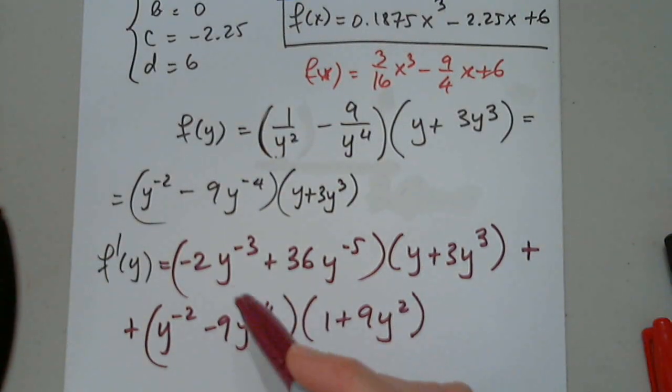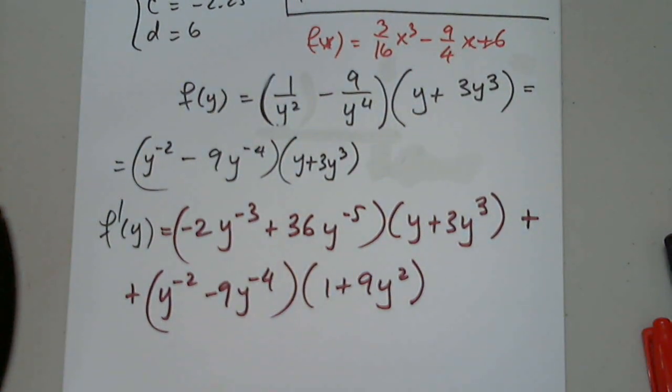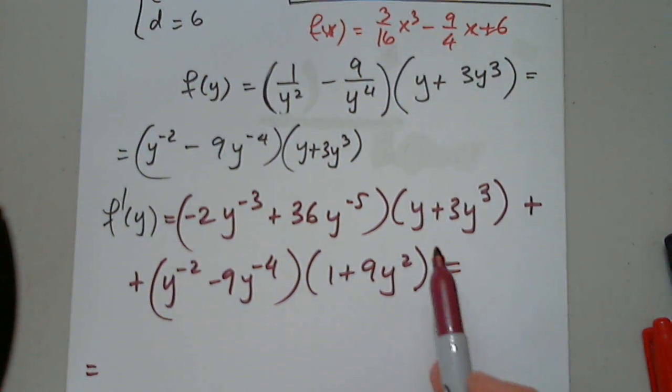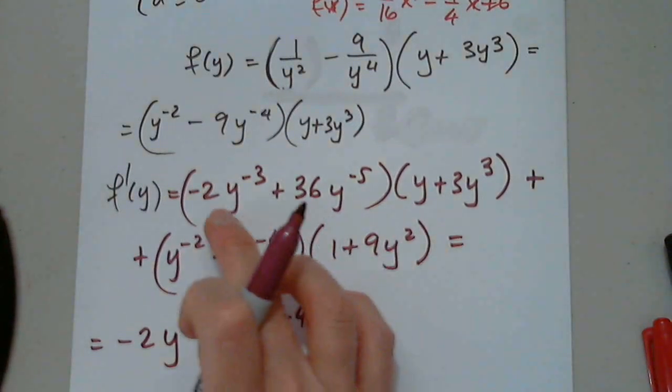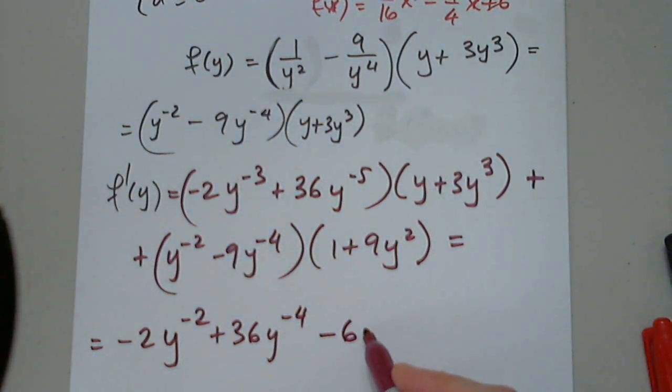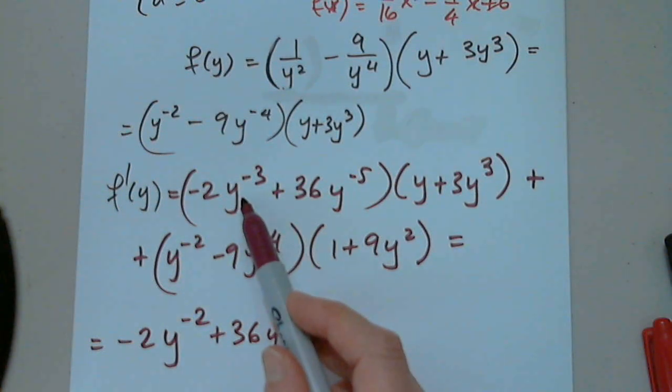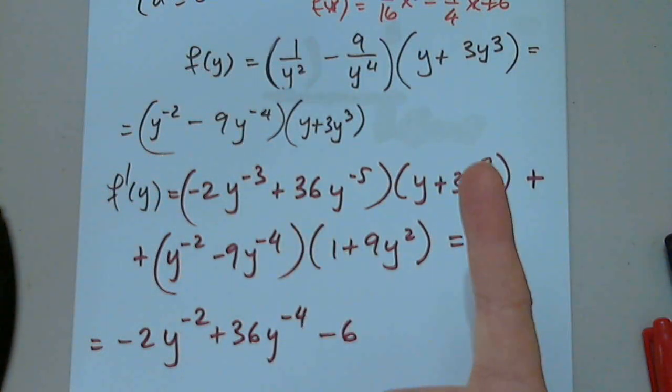Okay, so in that case we have to distribute. So y with this would be negative 2y to negative 2. Y with this would be 36y to negative 4. This with this would be negative 6, because y cubed times y to negative 3 is y to 0, which is 1.